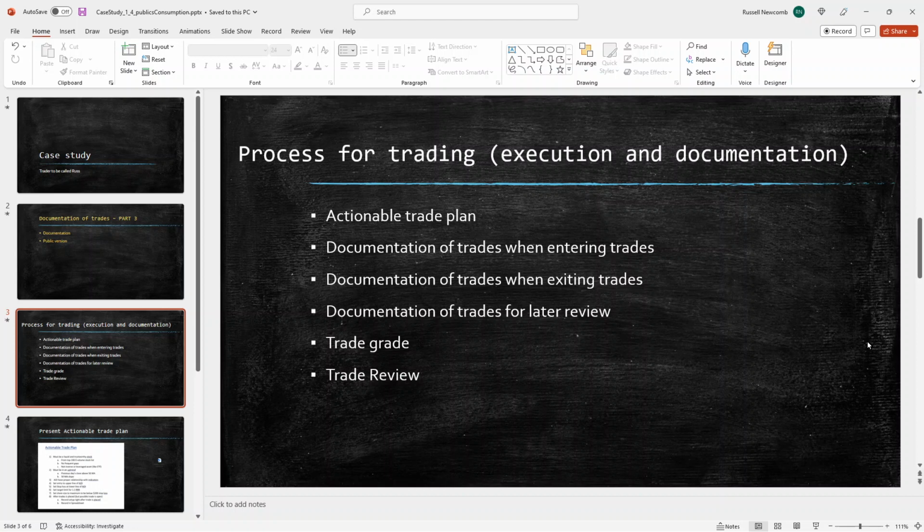Then we also show how he enters, and when he enters the trades, what documentation he does, when he exits the trades, what documentation he does, and then how he does the additional documentation for the later review, how he does his trade grade, and then his trade review for this particular time and the results of it.